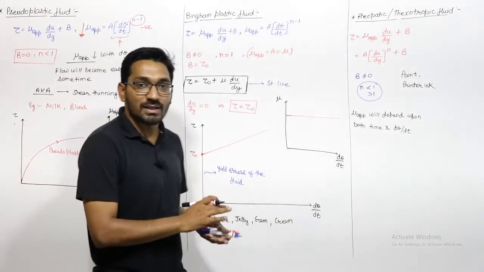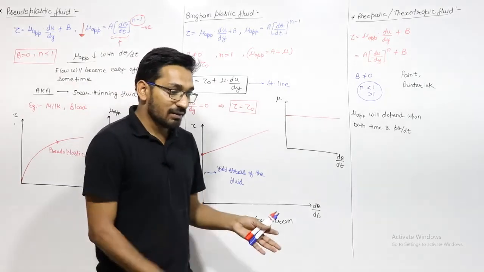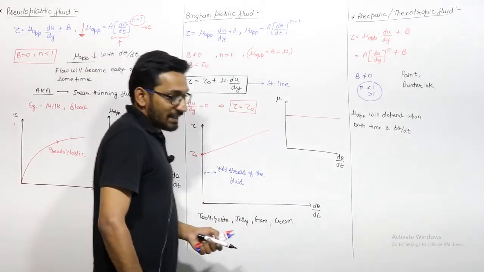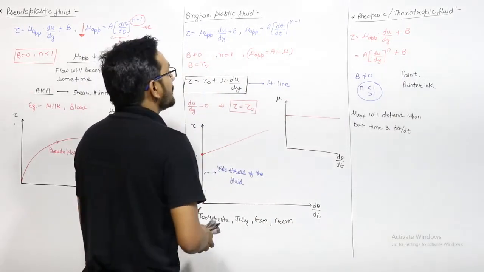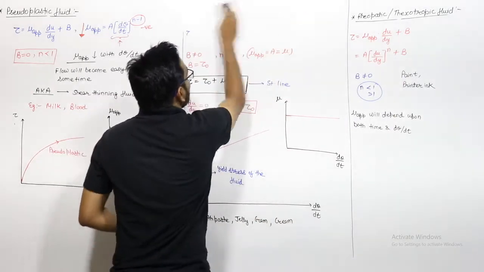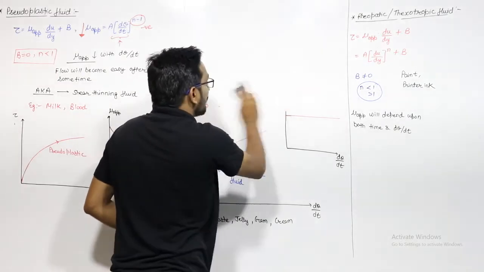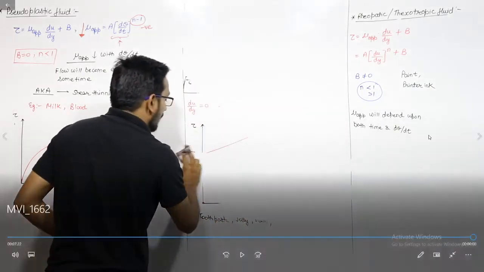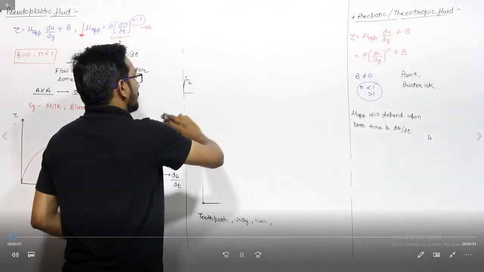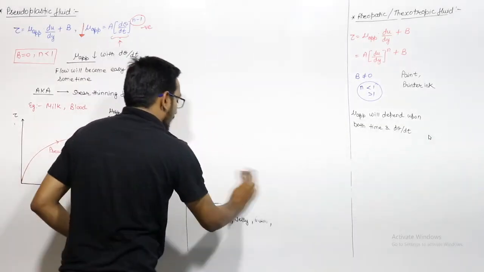So in this, viscosity is a function of time, right? Now let us draw the graph of time dependent and time independent viscosity fluids, and we will show it with the help of a graph.